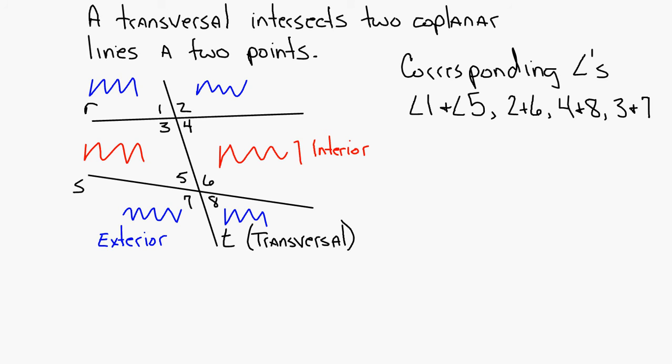Alternate interior angles. They sit in the interior of the two lines. They are on alternating sides of the transversal. So one pair of alternate interior angles would be 3 and 6.